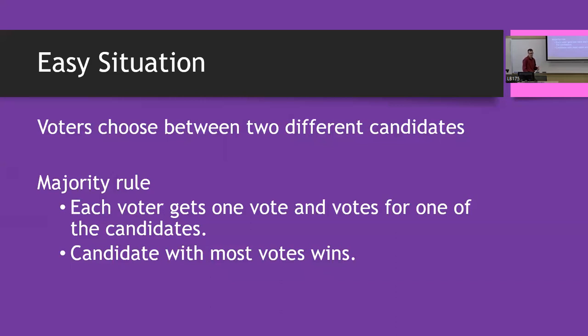Okay. And if you got more yeses than no's, then the proposal went through. If you got more no's than yeses, then the proposal stopped. So we do use majority rule quite often, especially on things like proposals.